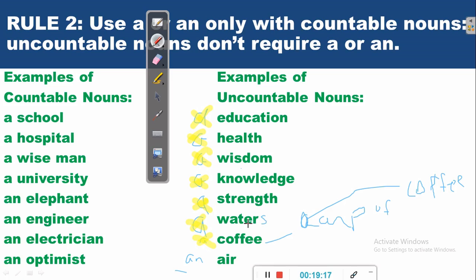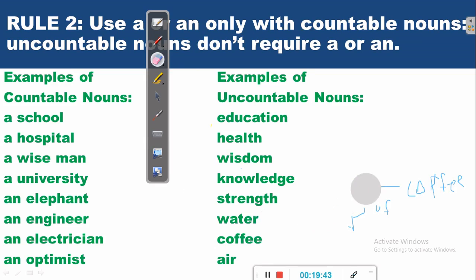All right, but if we are looking at the water we drink, the material itself, then we cannot pluralize or singularize it. Now, we cannot say an A except we also give it a special meaning. So I hope you have understood the rules and how we apply them.